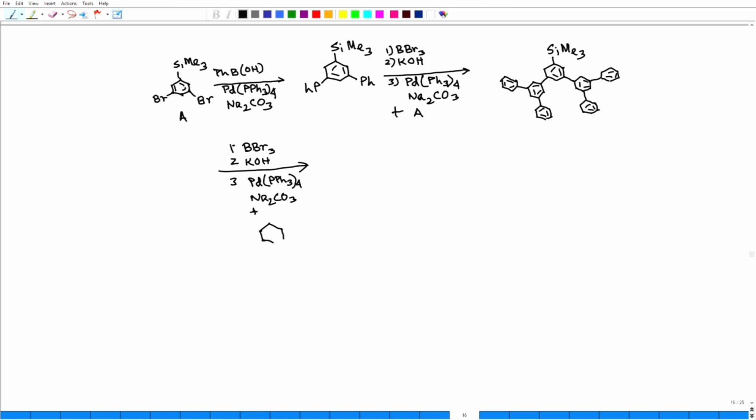This is my core. So, once I make this core, then what I am going to get from this core, okay, I am drawing only one.